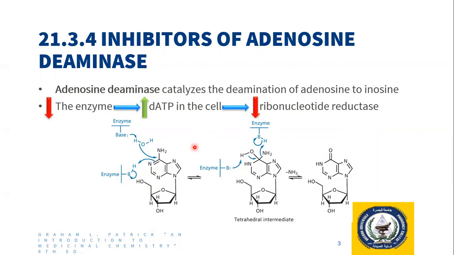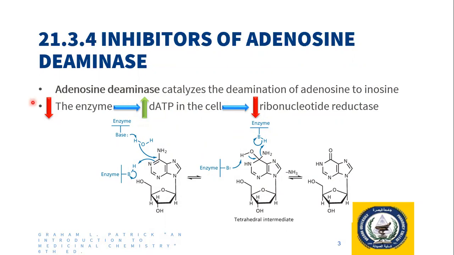Why? Because the deoxy ATP is considered an allosteric inhibitor for the ribonucleotide reductase. So it is not going to act at the active site of the ribonucleotide reductase, but it is going to act at an allosteric site.